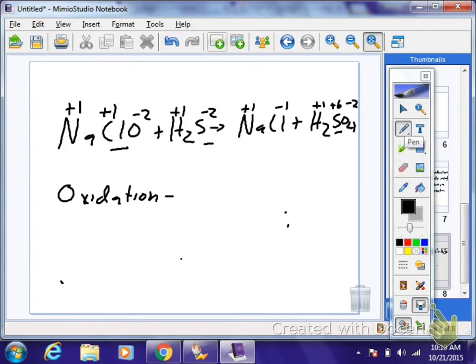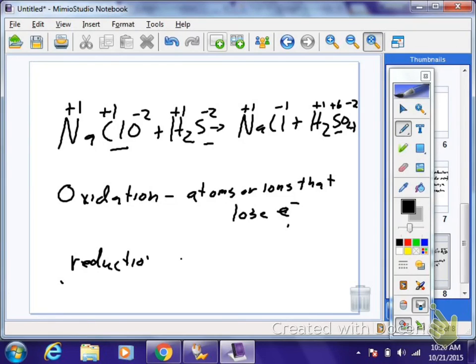So oxidation is where we have atoms or ions that lose electrons. Okay, reduction. People, you have to think opposite. Some people mix these up, but reduction is when atoms gain electrons, or ions.